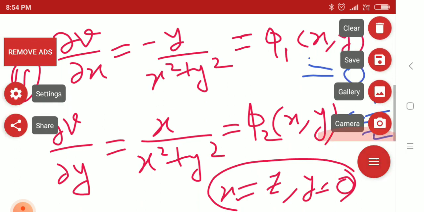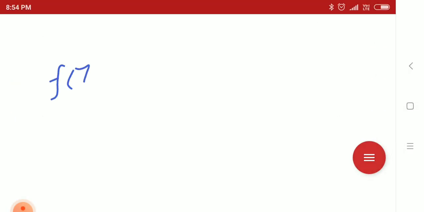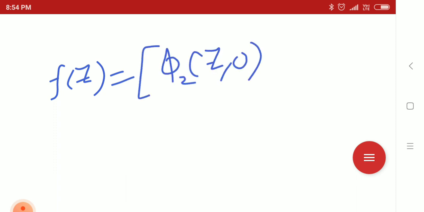Now you have to write the function f(z). It can be written using phi 2 of z comma 0.